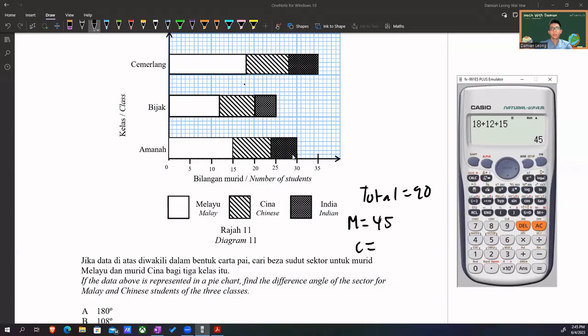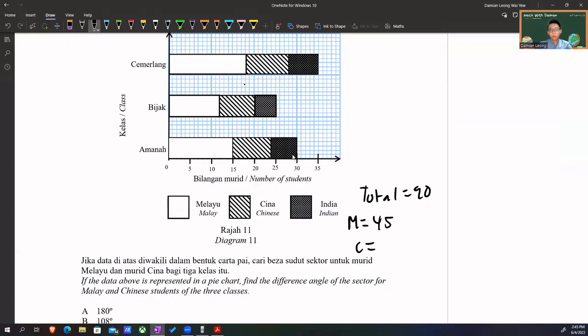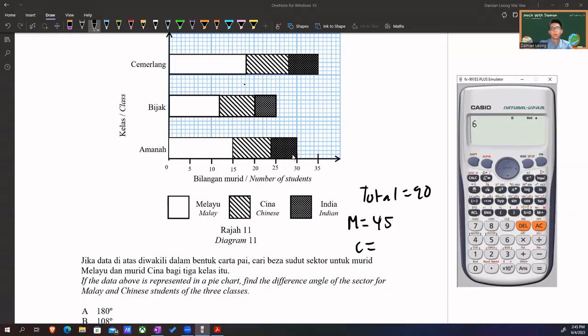Total number of Chinese students. So here is 5 plus 1, 6. Sorry, Chinese, not Indian.